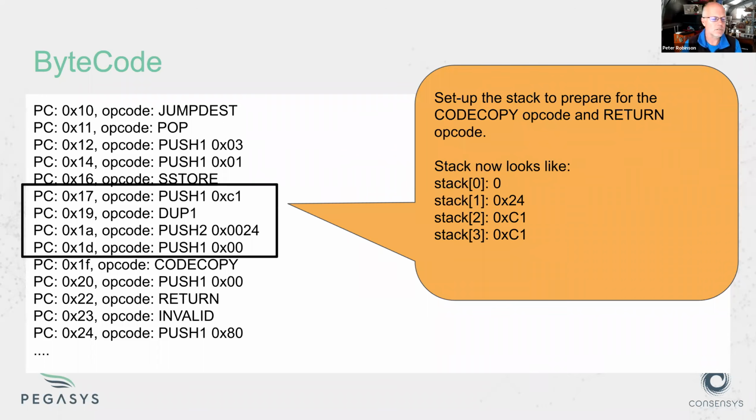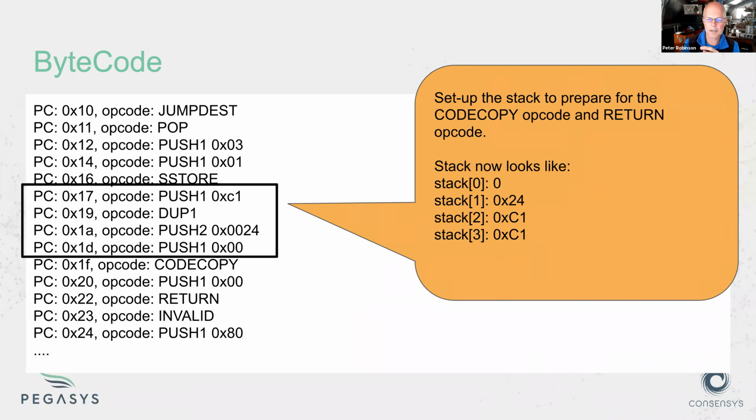So now what we do is we push some values onto the stack, and we're getting ready for code copy. You might remember the runtime code followed the init code fragment. So this is getting ready for the code copy operation, so we can copy the code from where it is at the moment to the right location.